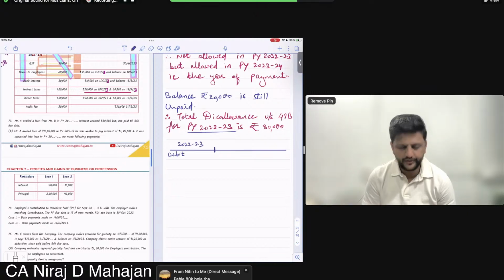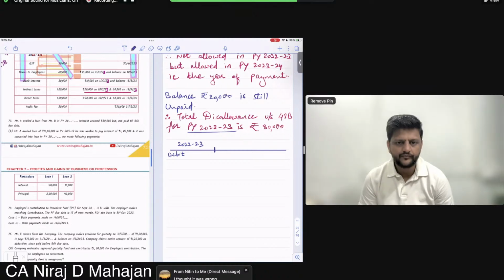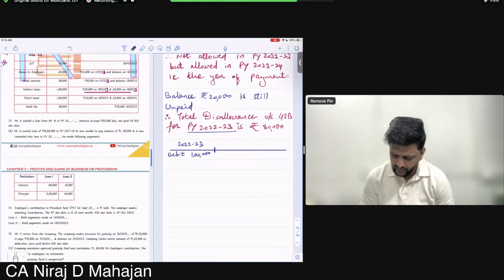What is debit right now over your expenses? First you had typed 20,000. Debit is of 1 lakh, correct? And up to 31st July 23, how much is paid? Only 20,000 is paid.